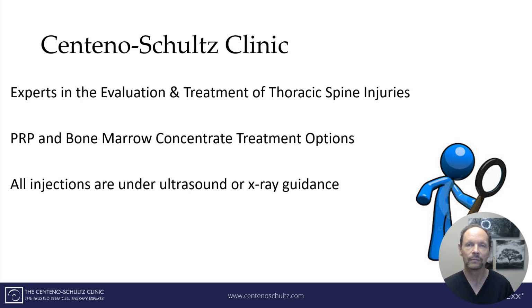There are lots of different treatment options, which include PRP and bone marrow concentrate. Most importantly, you need to be an expert in this field because there are significant complications should the needle go in the wrong place. You can drop a lung requiring a chest tube and or medications for your heart because of collapse.